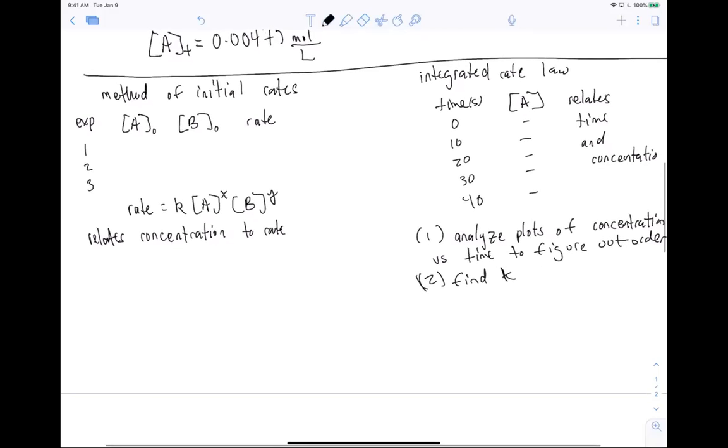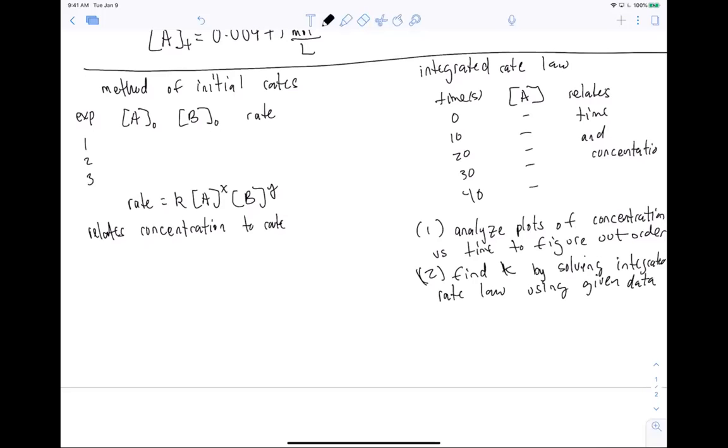You can just find K. You find K by taking any particular data inside of the plot. So you find K by solving the integrated rate law using the given data.